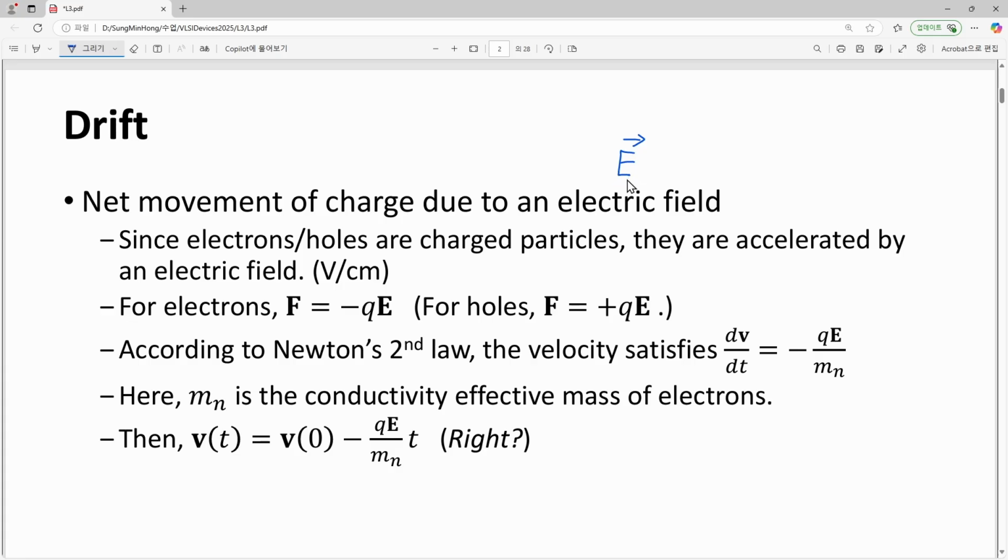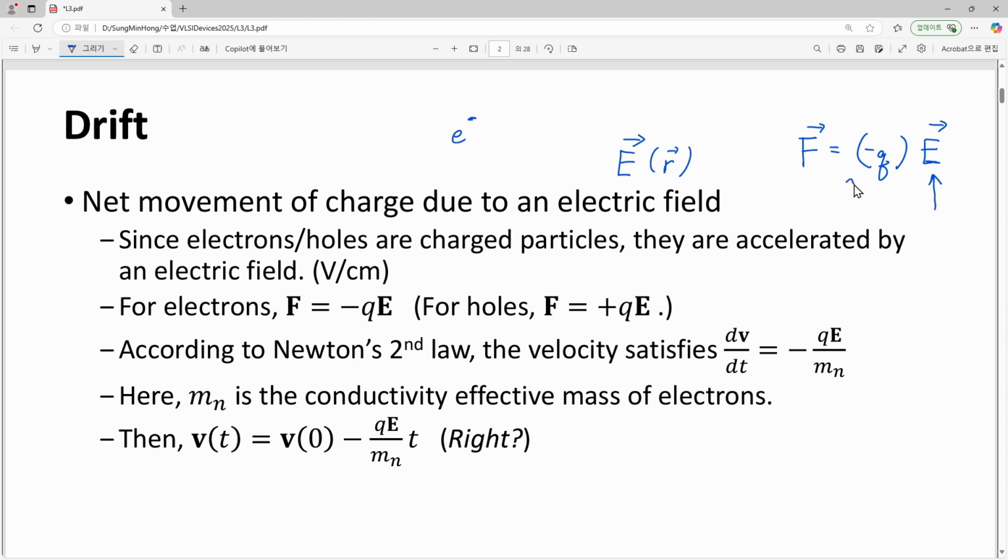When we have a certain electric field at a certain position, and if we have an electron at that position, then the force exerted on the electron is given as minus q times electric field, because electric field is usually defined as the normalized force with respect to a positively charged particle.